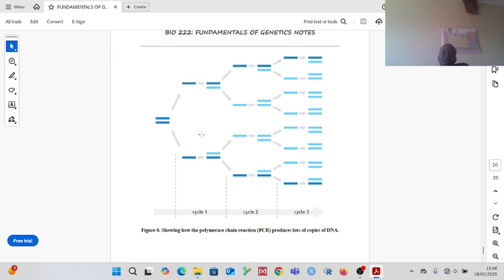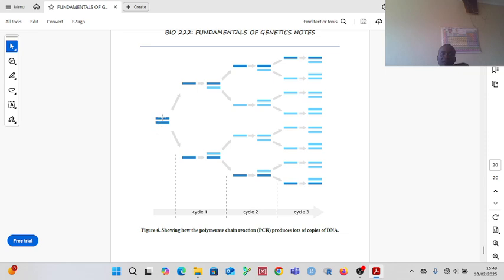Then after the single strands have been created, annealing will happen, where one primer attaches here and another primer attaches here. Once annealing has happened, then elongation comes in. Elongation is a function of the Taq polymerase. After elongation, our first cycle will be complete.